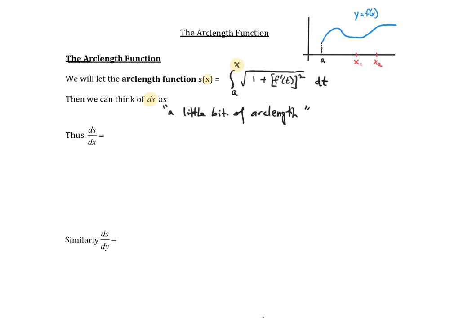And when we take the derivative of this integral, we know that derivatives and integrals are inverse processes. So according to the fundamental theorem of calculus, part 1, this ds dx is going to just be equal to the integrand, the square root of 1 plus f prime. And then we have to replace the t with an x.